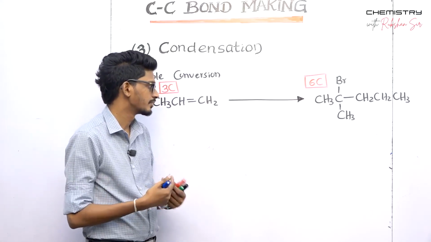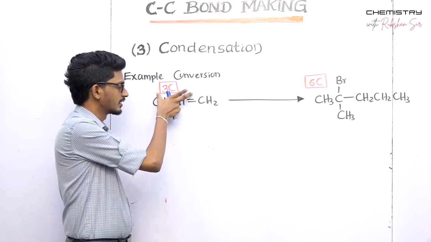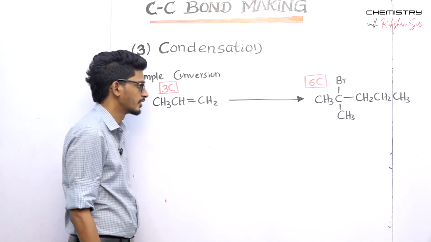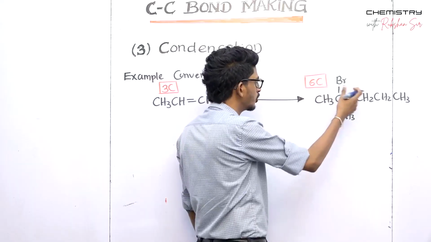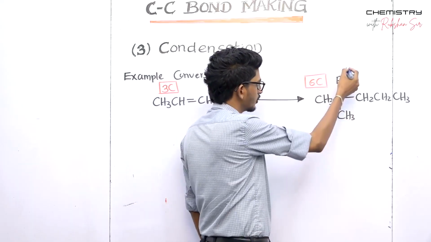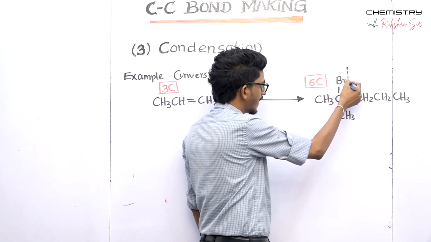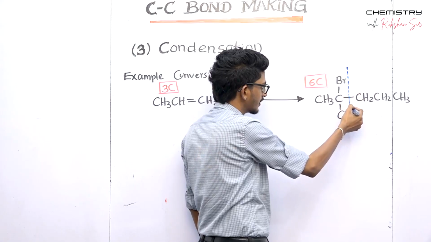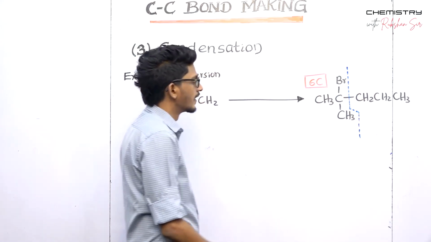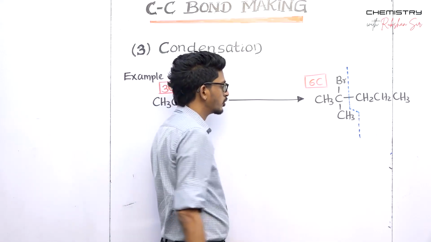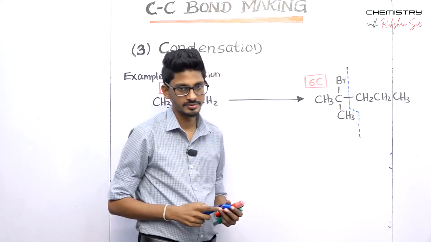Why 3 carbon blocks? Because we are starting with a 3 carbon compound, right? So the only available division is from here. I have just divided the starting compound into 2 blocks containing 3 carbons, right?